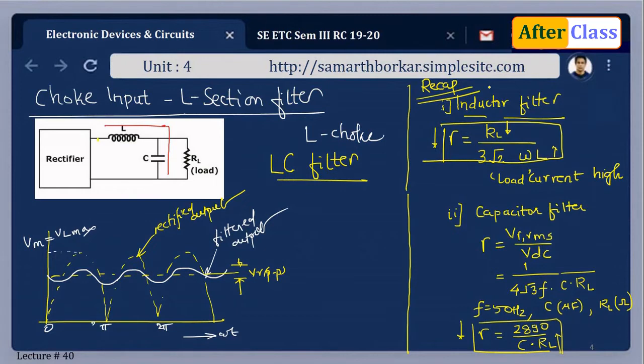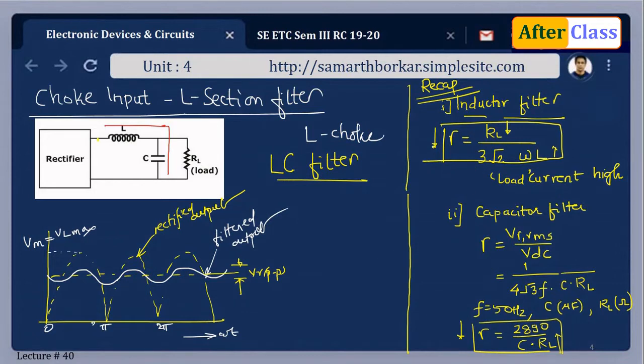From this analysis, we know that the ripple factor is directly proportional to the load resistance RL in the inductor filter, and it is inversely proportional to RL in the capacitor filter.